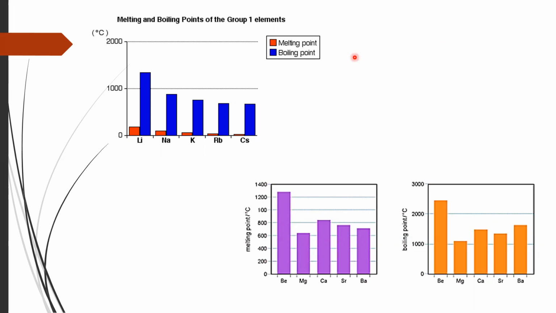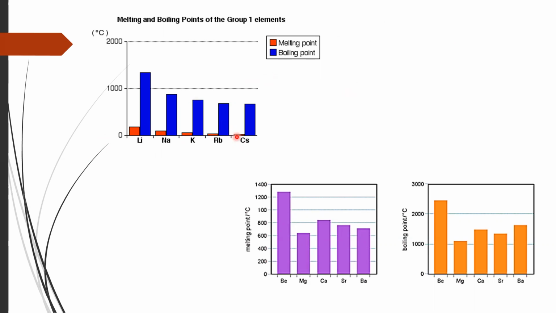Now, as you see down the group 1 elements, lithium to rubidium, and francium we are not taking because it is a radioactive element. They are highly active elements, so we cannot judge their physical properties.